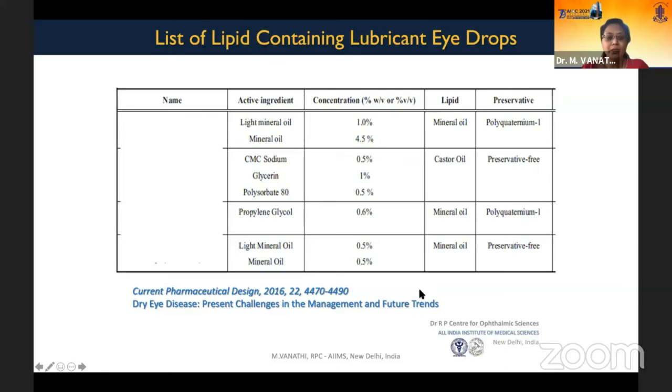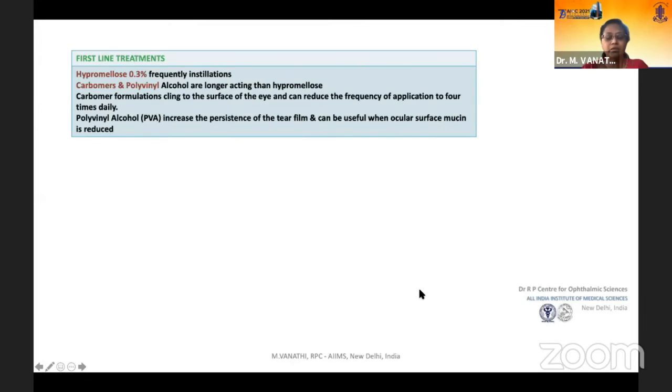And many of the mineral oil-based presentations are now available, which will help the tear retention over a long period of time. First line of therapies would be your simple hypromellose or the polyvinyl alcohol combinations, which work well when the symptoms are episodic, and they will help to stabilize the tear film.